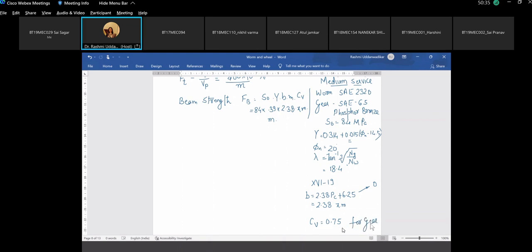Here the RPM of gear is 53. So this is 0.75. This we will equate with FT. So equating FT with FB, you will get an equation in m square and 1 by m. And so m cube is something, so give me the value of m.